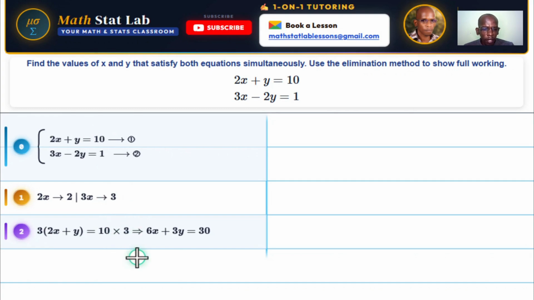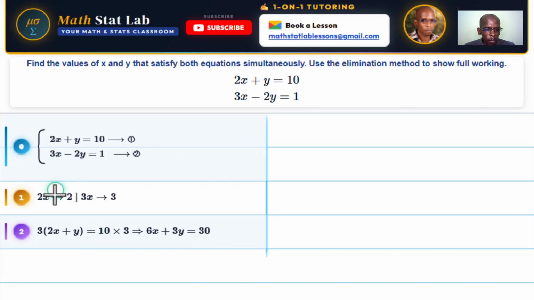Now when we open the brackets, it becomes 3 multiplied by 2x, which is 6x, then 3 multiplied by y, which is 3y, is equals to 10 multiplied by 3, which is 30.